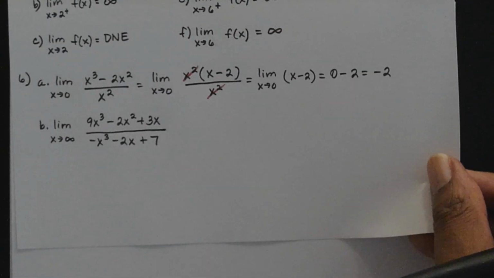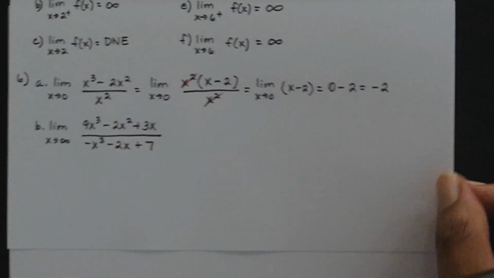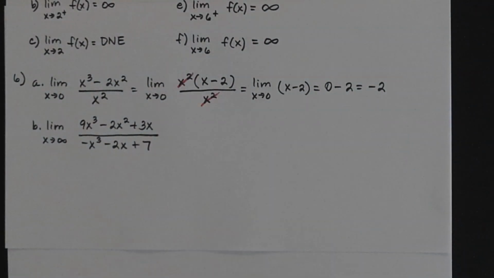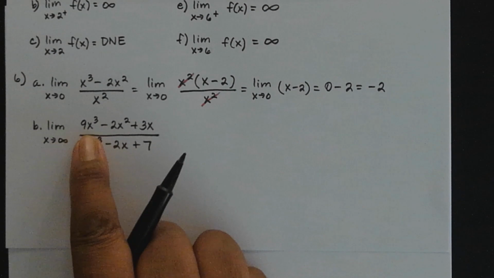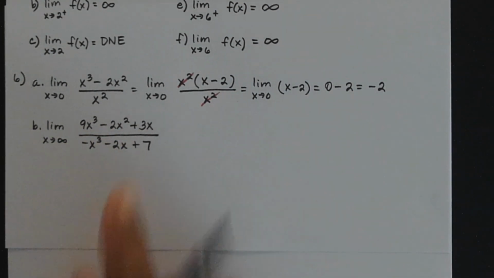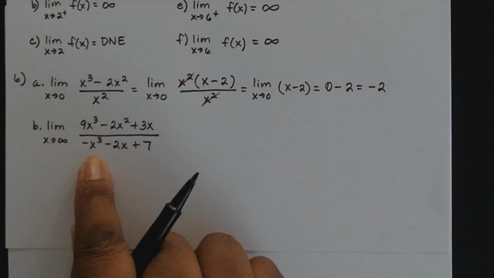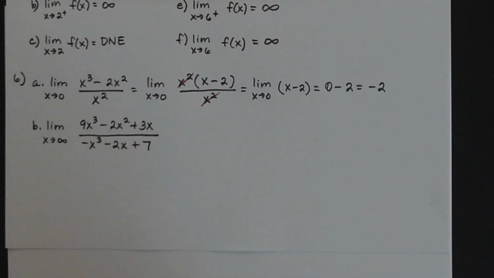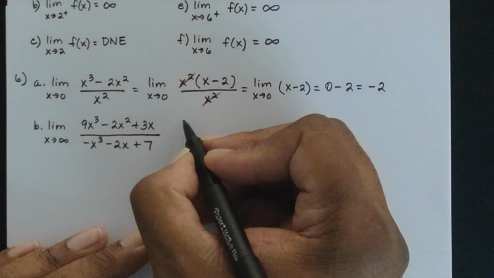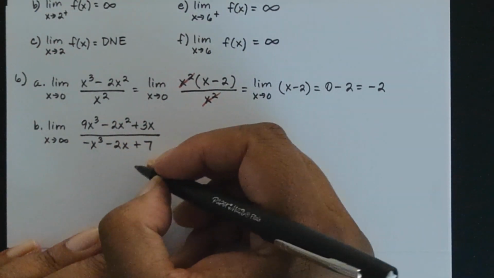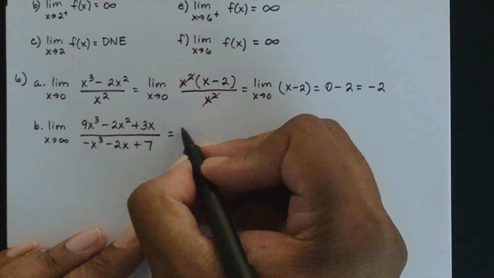Now the way we're going to have to solve this problem, we're letting x approach infinity this time. That means we're going to have to divide each and every single term in the numerator and denominator by the highest exponent in that denominator. Here the highest exponent is a cube. So we need to divide every single term in the numerator by x cubed and every single term in the denominator by x cubed as well.